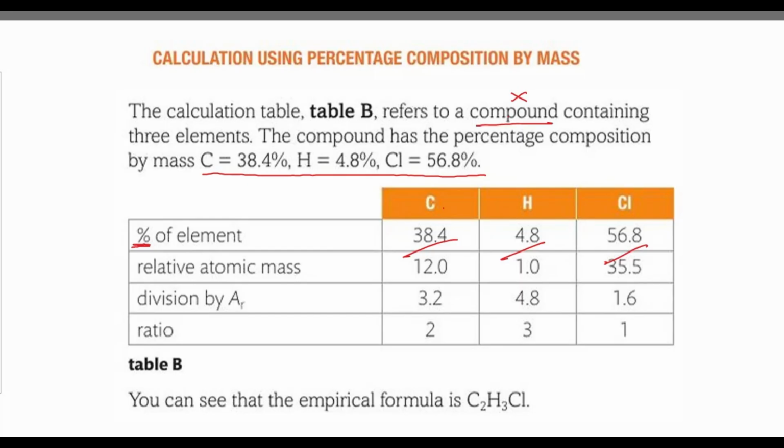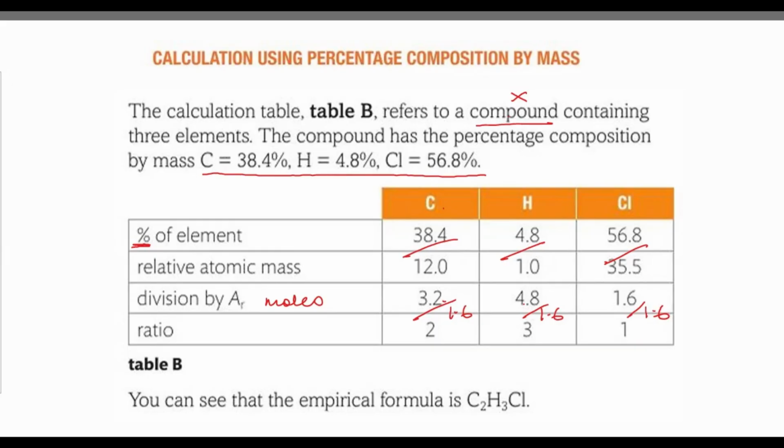On dividing by relative atomic mass, we get the moles. So we write the moles: carbon 3.2, hydrogen 4.8, chlorine 1.6. Then, in order to get the ratio, we divide by whichever number is smaller.